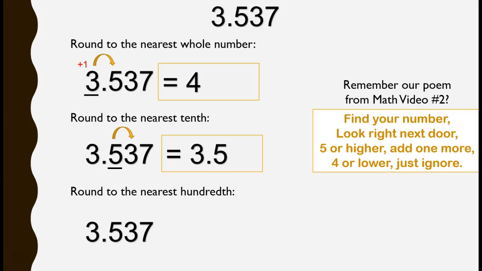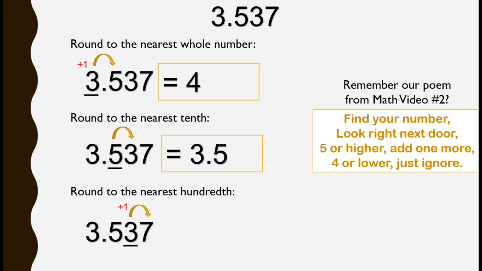Okay, last one, round to the nearest 100th. Okay, tricky part? Maybe not so tricky for you guys. Find your number. Which digit is in the 100th place? There it is. Find your number. Look right next door. 5 or higher, add 1 more.